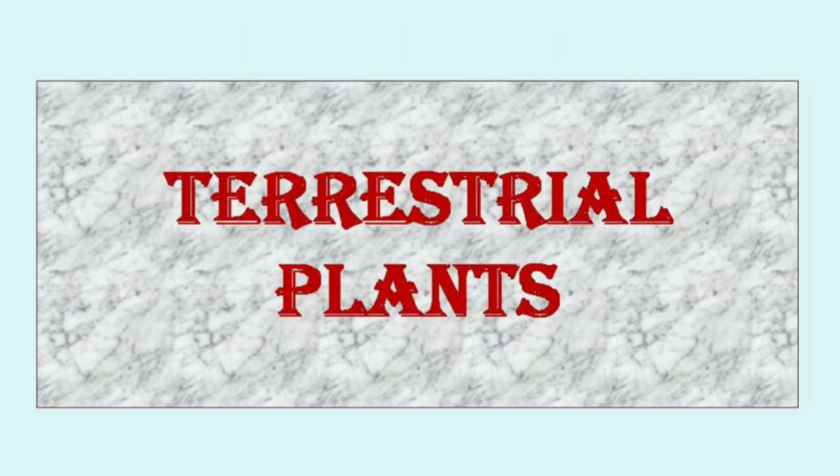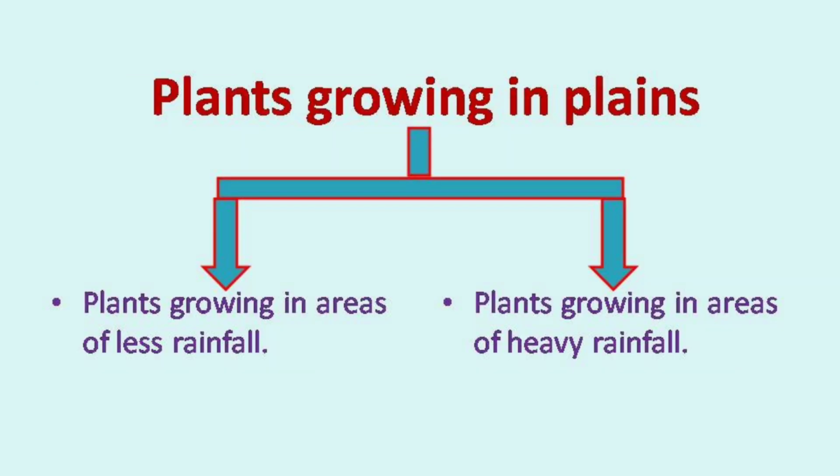Firstly, the terrestrial plants. Plants growing in the plains. Based on the features of these plants, the plants growing in plains are again divided into two categories. The first one is the plants growing in areas of less rainfall and the plants growing in the areas of heavy rainfall.